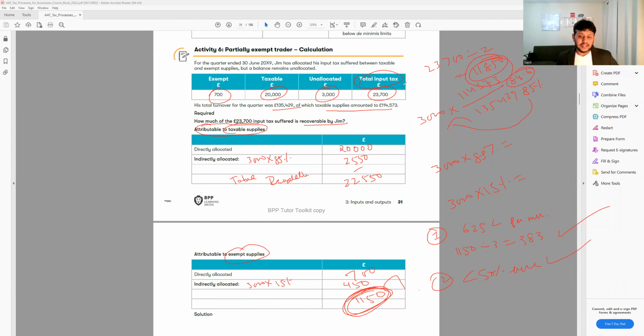So both conditions are satisfied. That means our recoverable amount will be, I can recover all this 22,550 plus I can also recover this 1,150. So I can recover everything because it fulfilled the de minimis test.